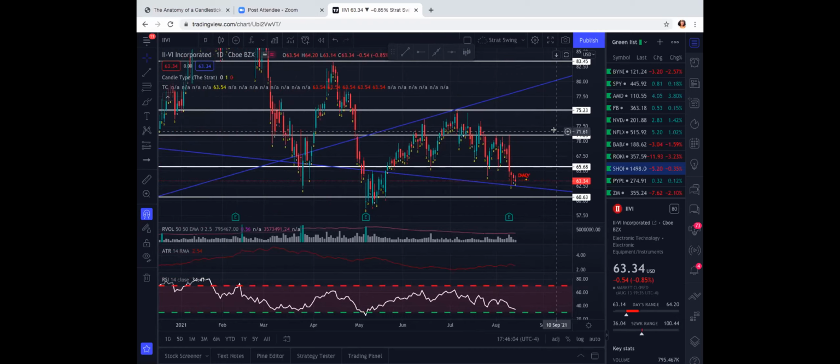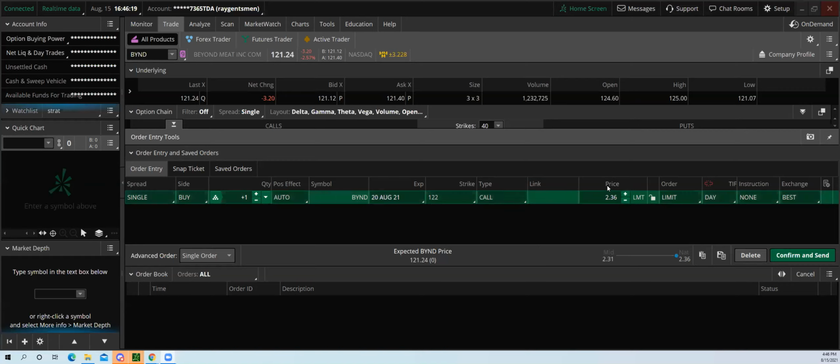All right, so let me share this screen. All you would do, if you want to do an advanced order you can, but I would just, after you buy your contract, come here to limit, and change it to either a stop or a stop limit.